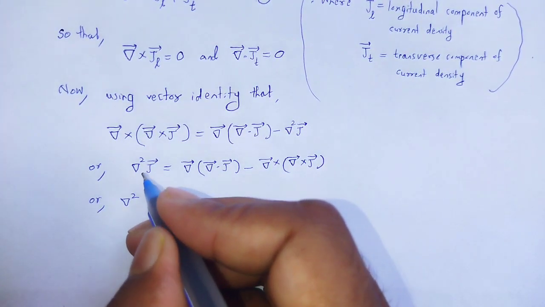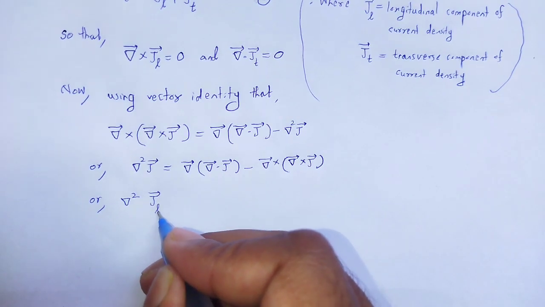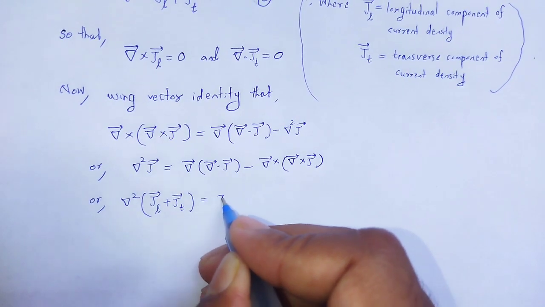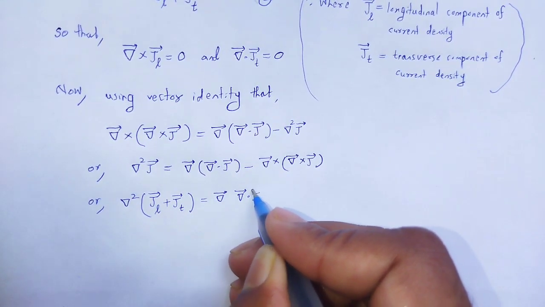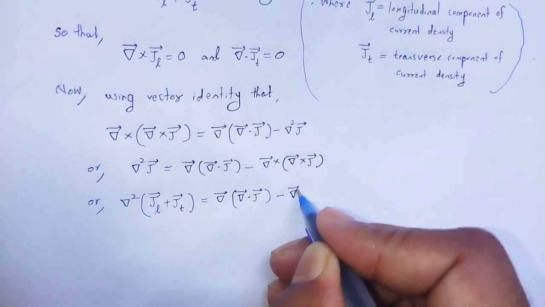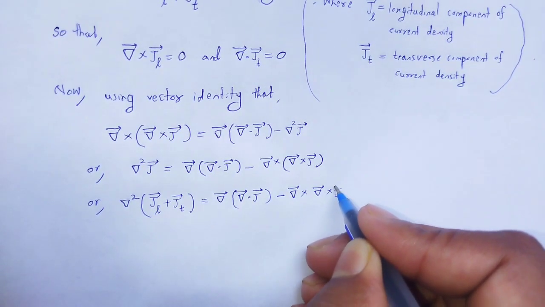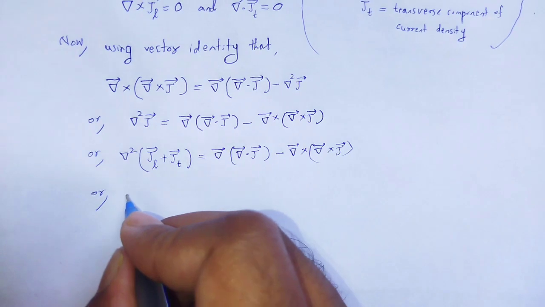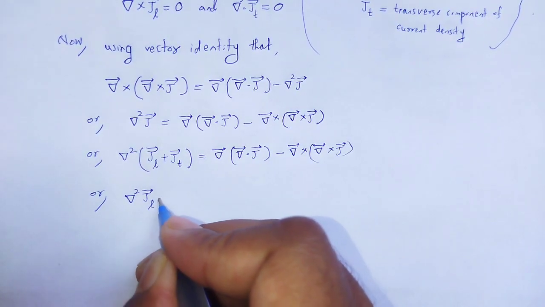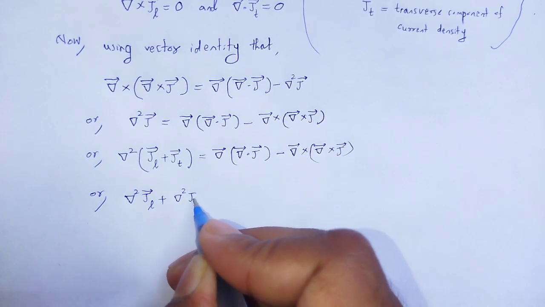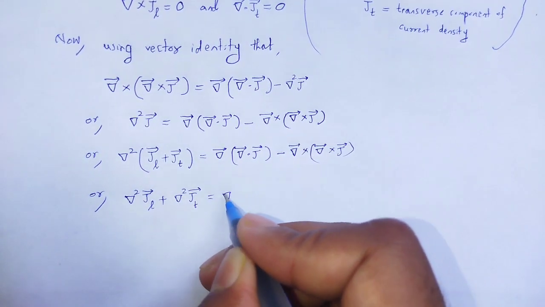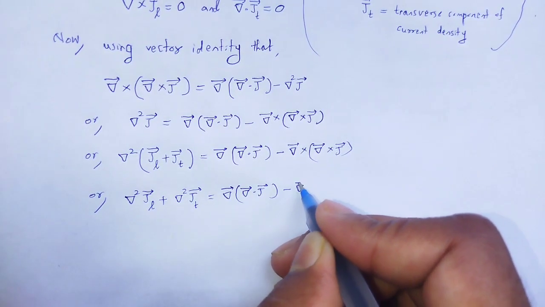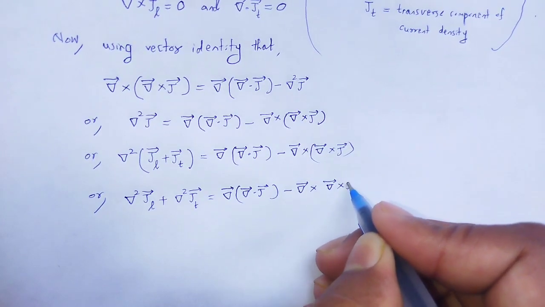Writing grad square in place of j as the longitudinal component plus the transverse component, it equals grad of grad dot j minus grad cross grad cross j, separating it into two terms.